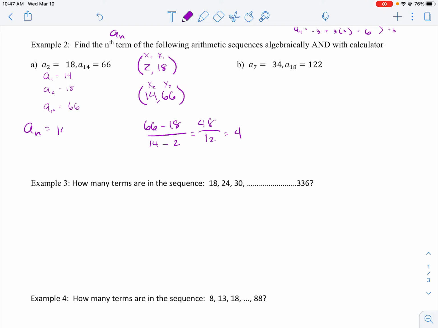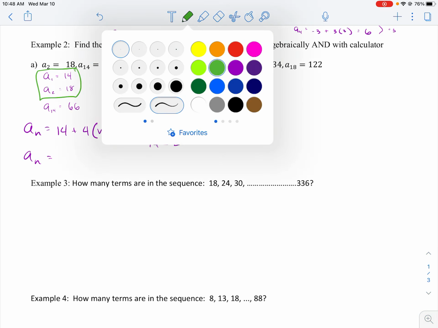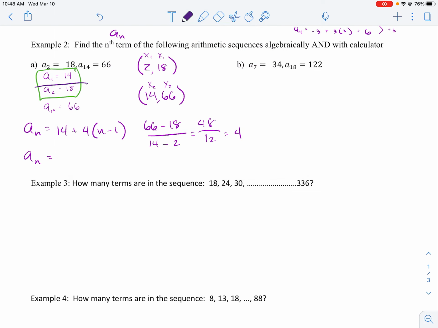It's going to be equal to our first term plus what we're going up by each time, okay? And then again, using your calculator, you can use either two sets of points. You could use this set of points, or you could use this set of points.